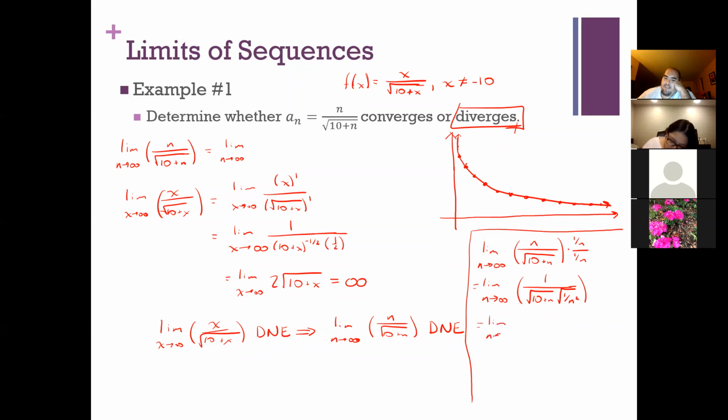Just like we had numerous times with our surface area stuff. I have 2 square roots multiplied together, so I can go ahead and multiply the radicands by each other. So then I get 1 over the square root of 10 over n squared plus 1 over n.